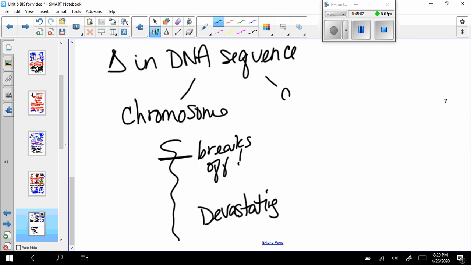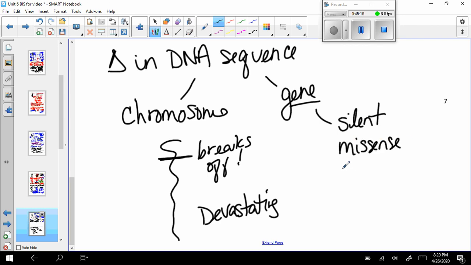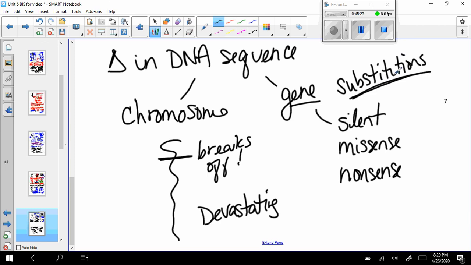Smaller things that happen within just one gene could be something like a silent mutation, a missense mutation, or a nonsense mutation. All of these are substitutions. A substitution means you switched a letter.